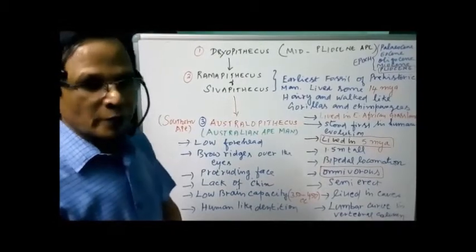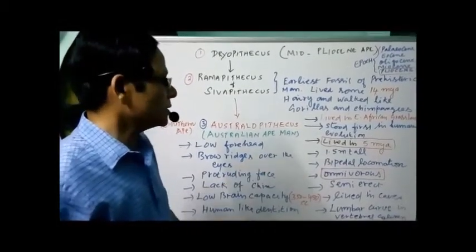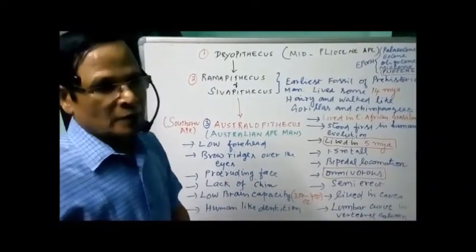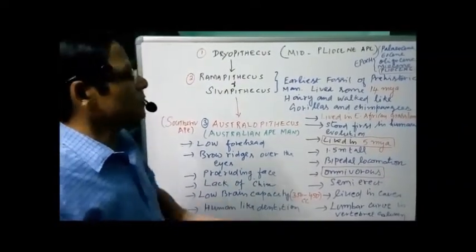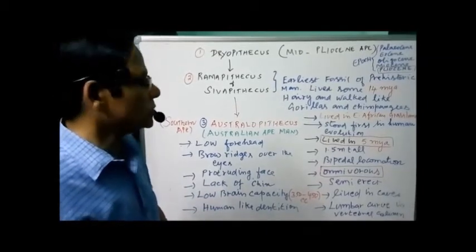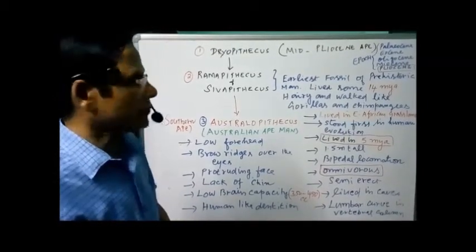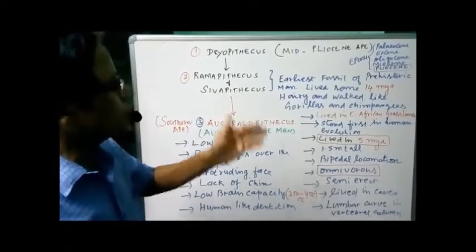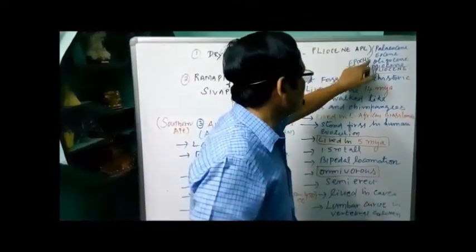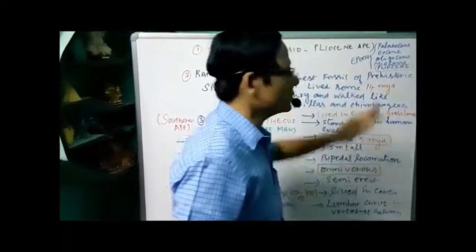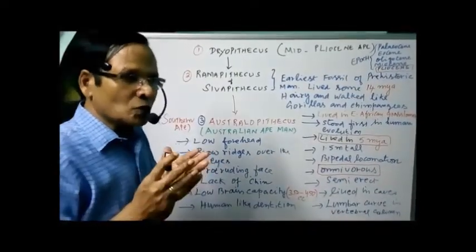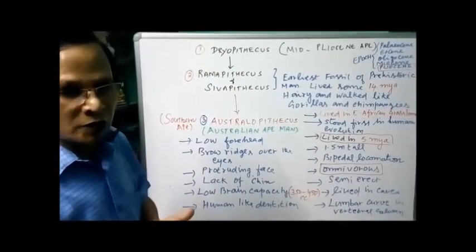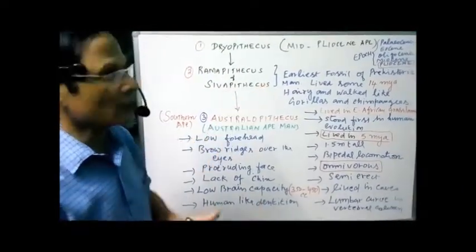One such era is the Cenozoic era, which includes two periods, Quaternary and Tertiary. The Tertiary period is further classified into 5 epochs: Paleocene, Eocene, Oligocene, Miocene and Pliocene. So human evolution started during the Pliocene. Origin and evolution of man during the Pliocene epoch.